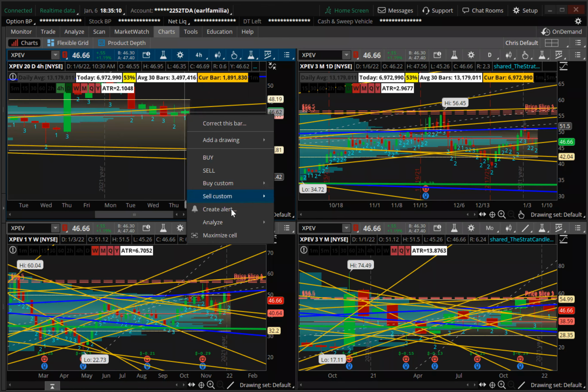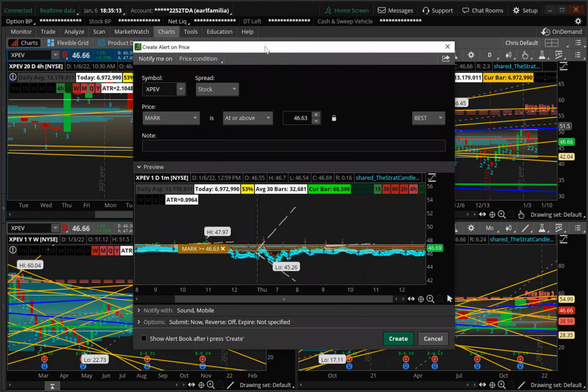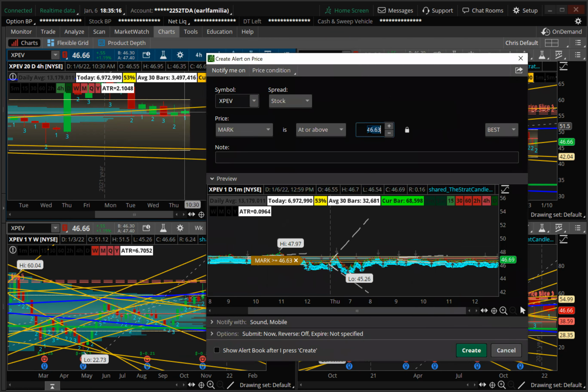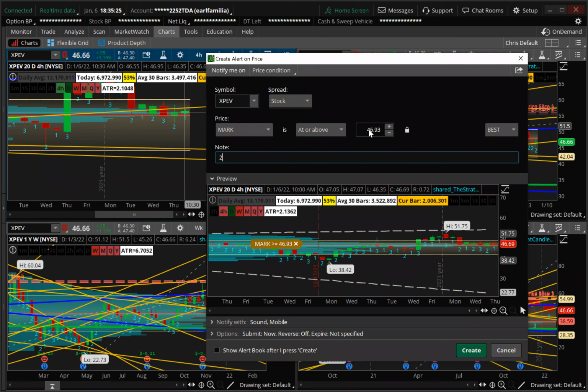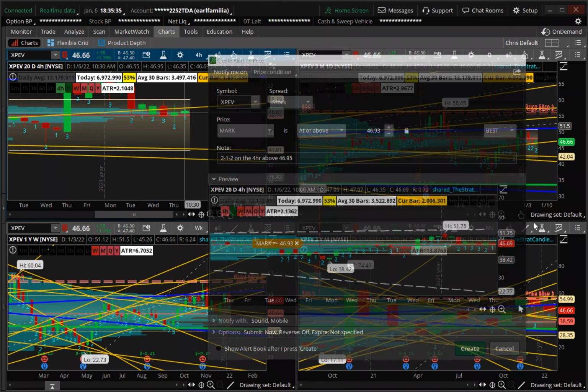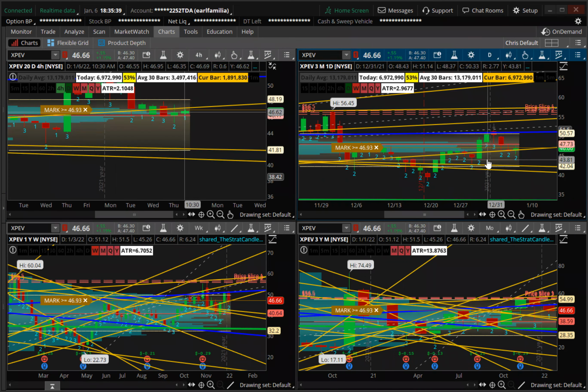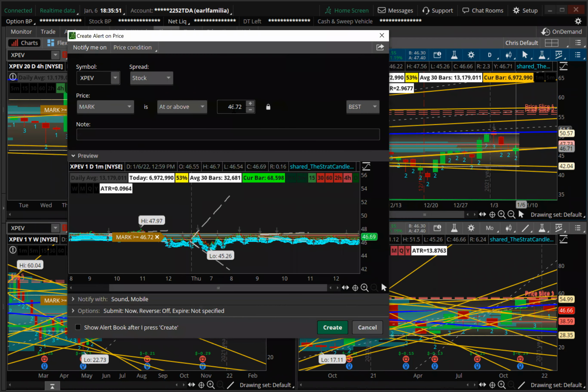Let's see what happens with XPEV. 212, 46.95. And I like the reversal on the day. Let's see if it goes to 47.56.